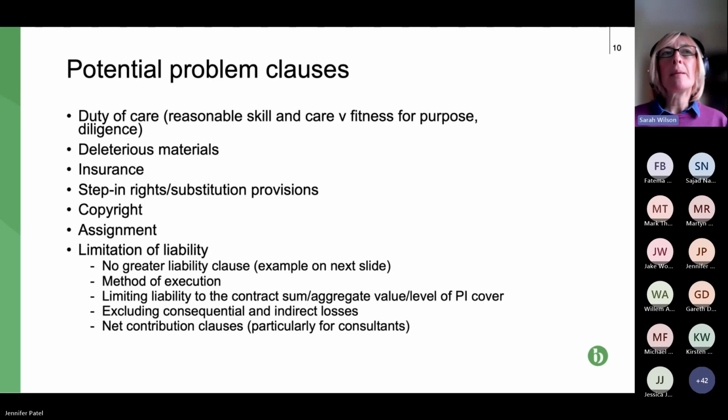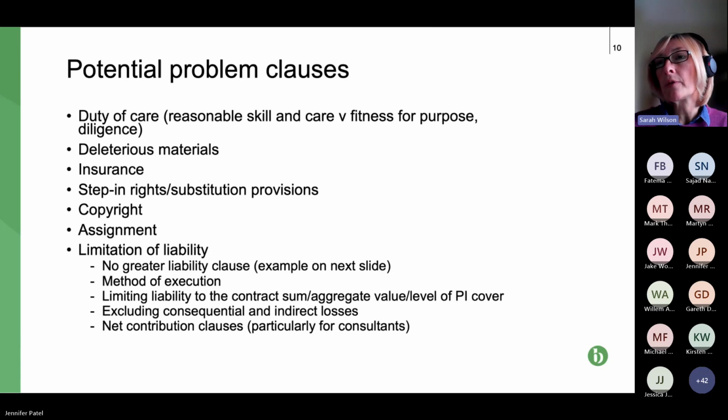So if you remember, I was saying typically you would expect to have bespoke collateral warranties, so each law firm has its own, but they tend to follow this order pretty much. There might be some variances. So the first one talks about the duty of care.